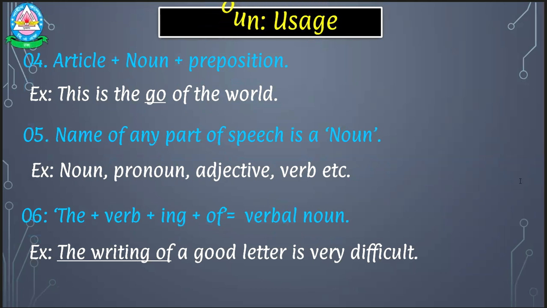As we find here, this is the go of the world. Here you find the article the, and after that a word, then the preposition of. So the word in between the and of is go.